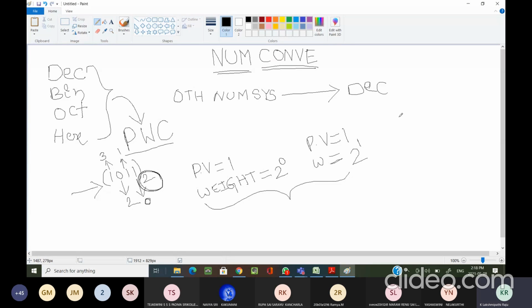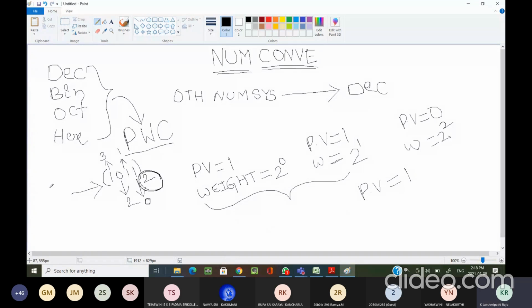In the same way, the third bit positional value is 0 and the weight is 2 power 2, that is 2 square. So 2 power 0, 2 power 1, 2 square. Now, the fourth bit positional value is 1, and the position is 3.